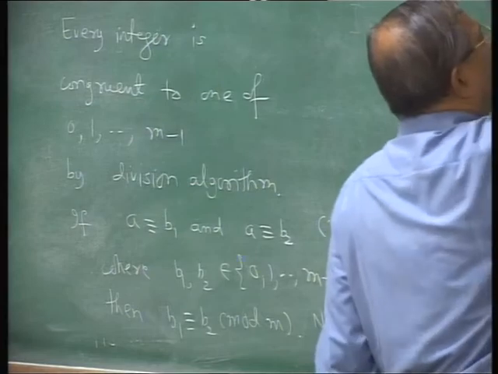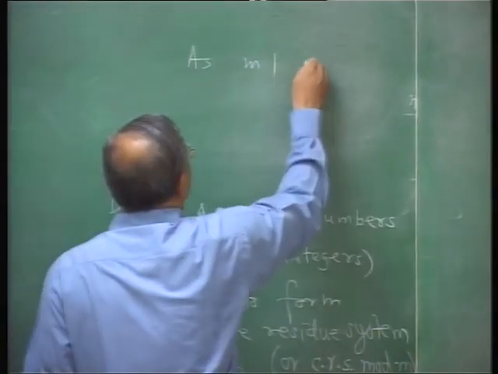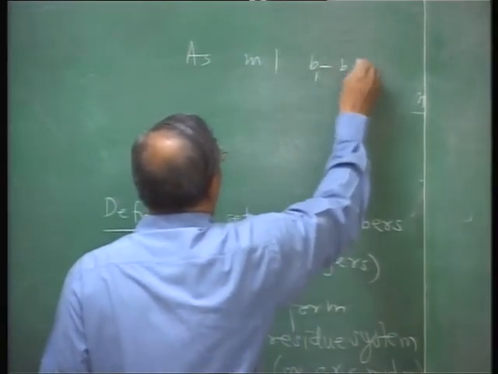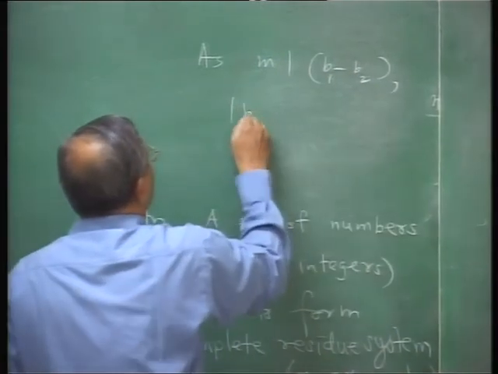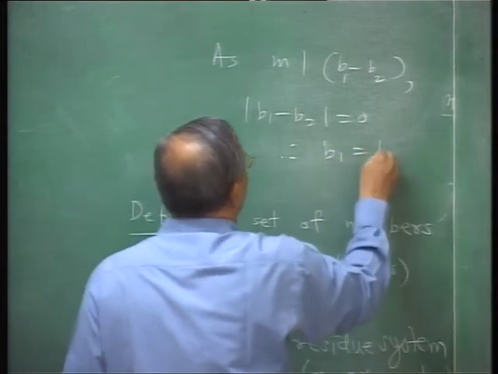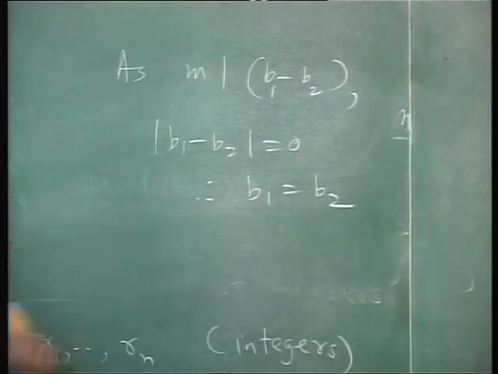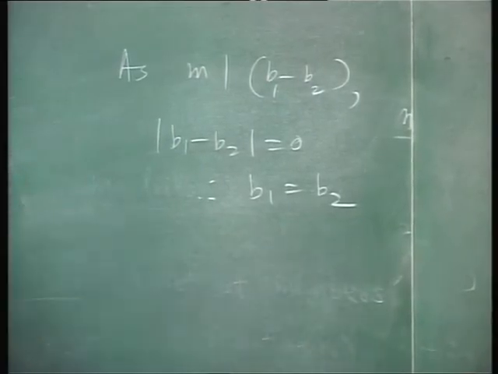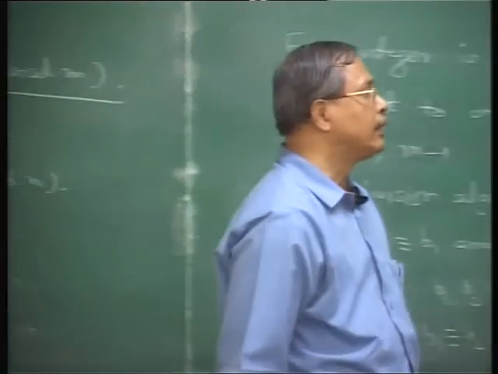Therefore, as M divides B1 minus B2, mod of B1 minus B2 equals 0, therefore B1 equals B2. So there is uniqueness. So this is a standard example of a complete residue system.